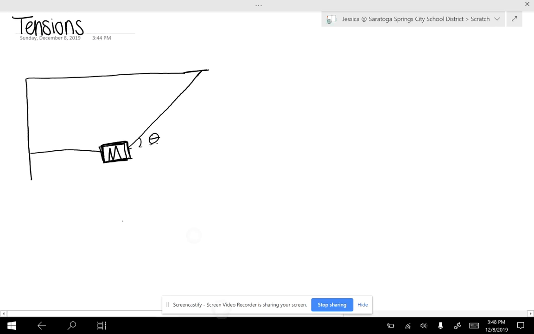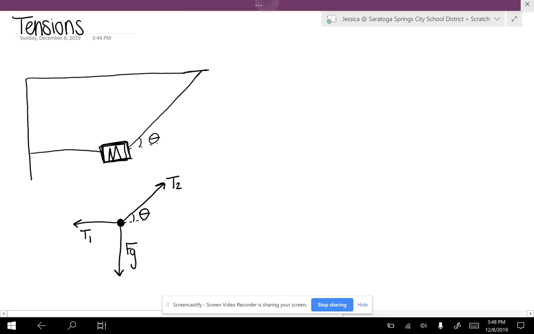Okay, so our free body diagram for that mass is going to look like a force of gravity pointing straight down. We have some tension 1 that is pulling to the left, and then some tension 2 that is at an angle.